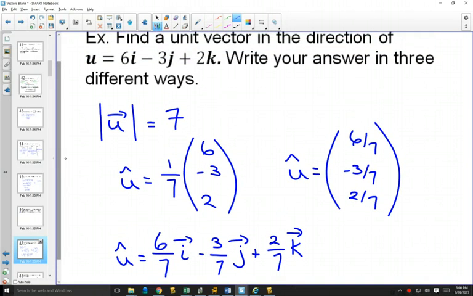So we know that the length of that vector, since we figured out that length before, was 7. So now the unit vector, in order to have a length of 1, we would need to divide by 7. So we find a unit vector by finding the length of the original one and dividing by that.